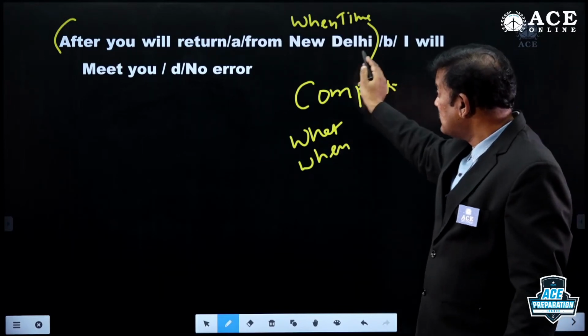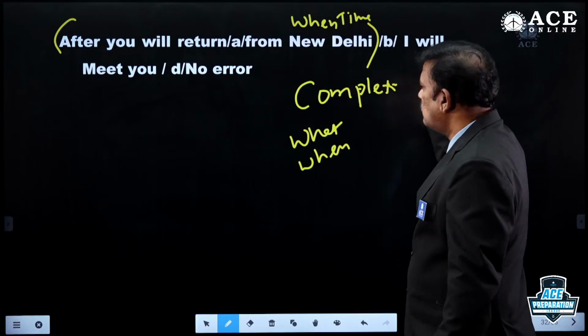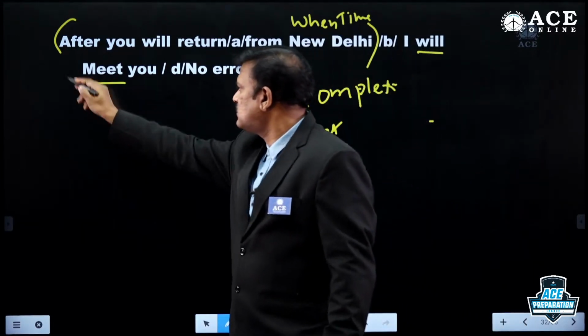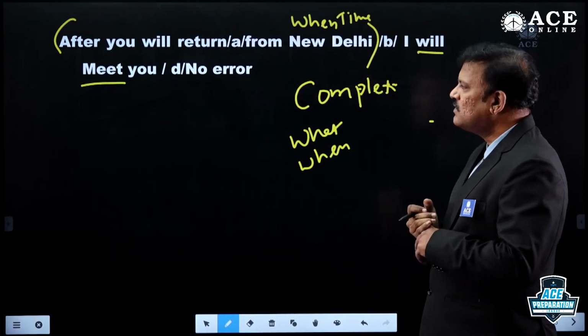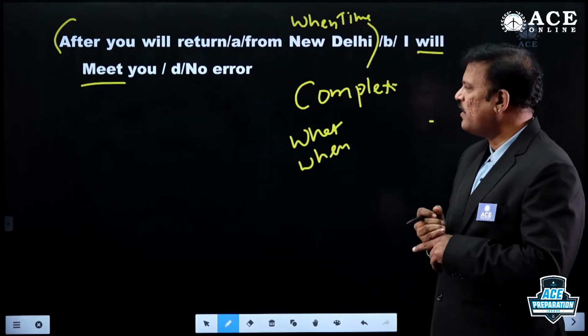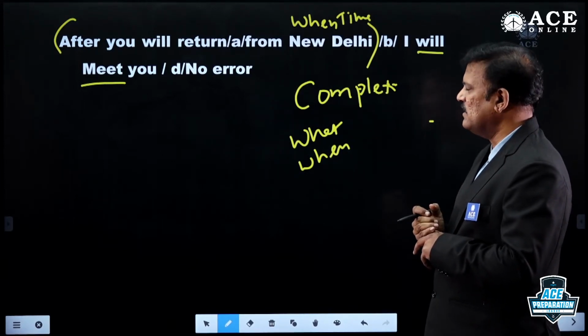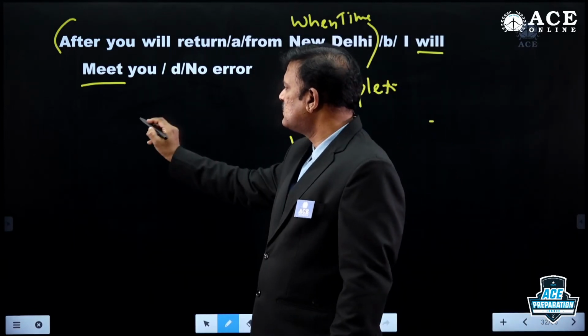So, guys, only secondary ideas of time give me the time. So this is will meet. I cannot do immediately. Check. This shows future. Where is the time indicator? After you will return from New Delhi. Have you got this?